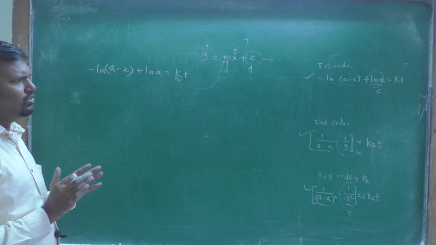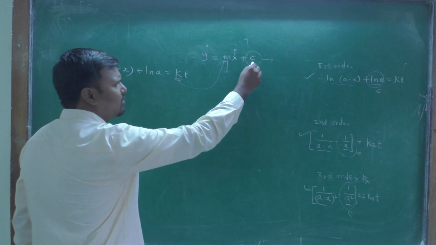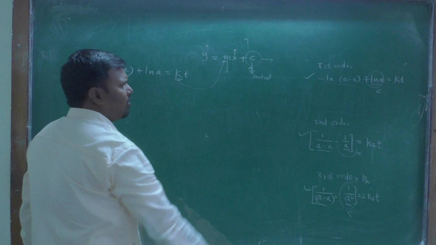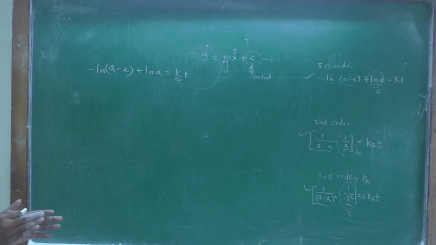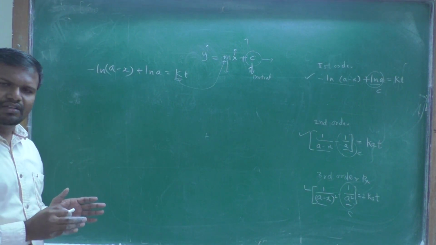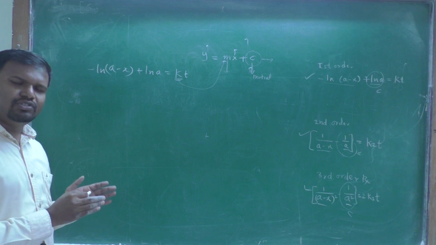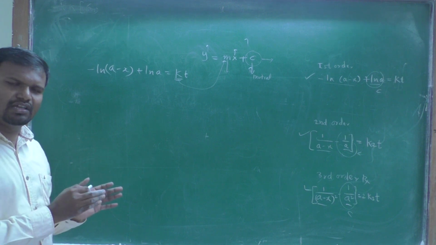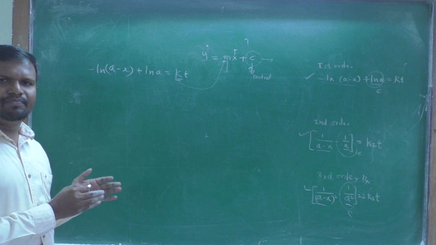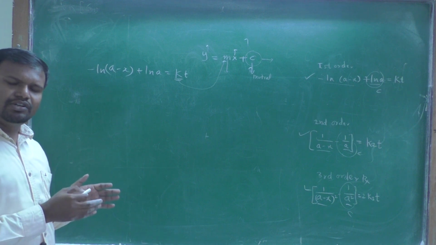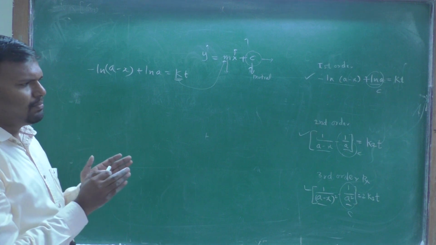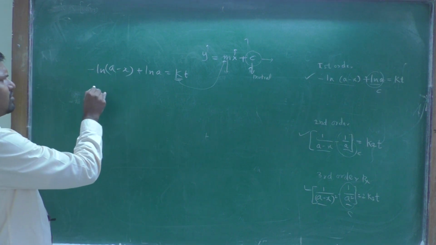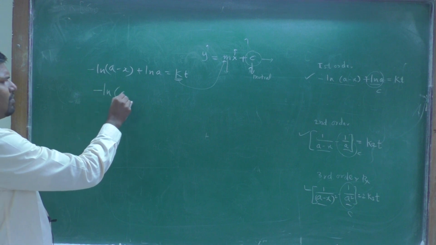Slope is the constant, and we consider C as the intercept because for the initial concentration, C must be used instead of this. For the initial concentration A, in the place of C the quantity of A will be there. Therefore we rearrange this: ln(A minus x).